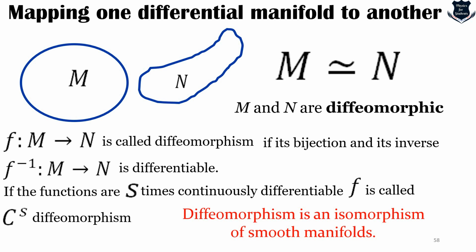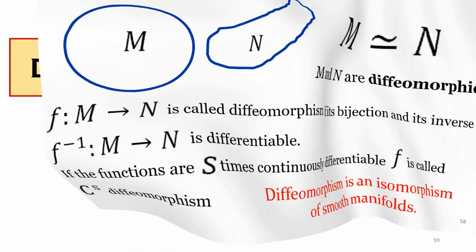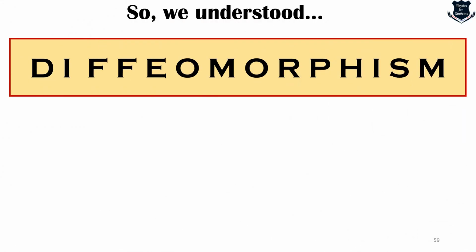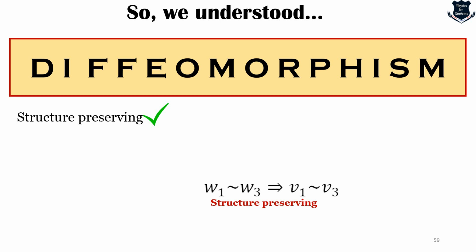Given that till now we have been going more into the technical details, understanding manifolds, now with all this knowledge together, we need to find out where we can use differential geometry and get a secure job. But before we go, let us summarize diffeomorphism. It is structure preserving. How we maintain the structure is mentioned over there.